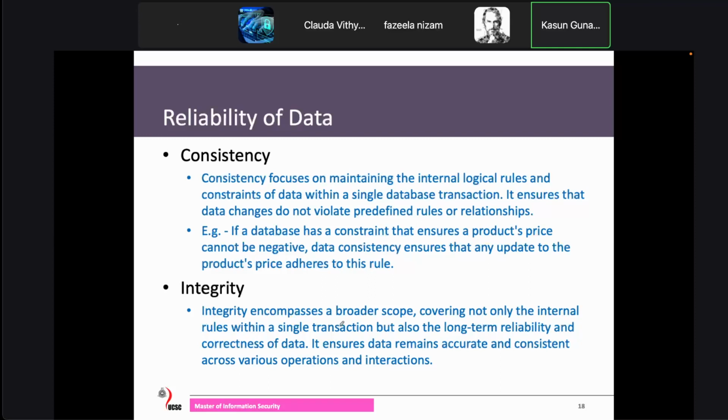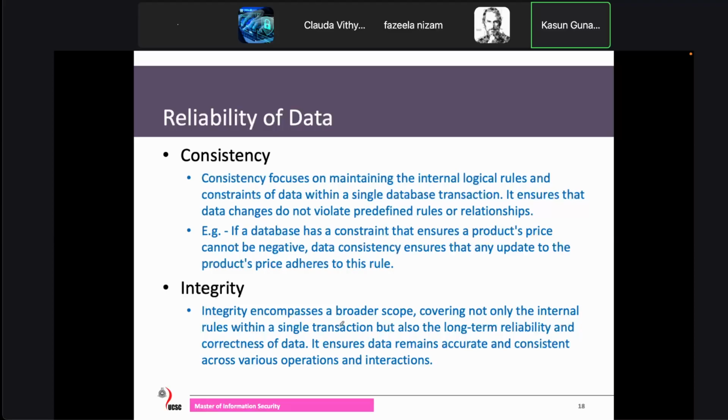It ensures that data changes do not violate predefined rules or relationships. For example, if a database has a constraint that ensures the product's price cannot be negative, data consistency ensures that any update to the product's price adheres to this rule. So that is what consistency is about.